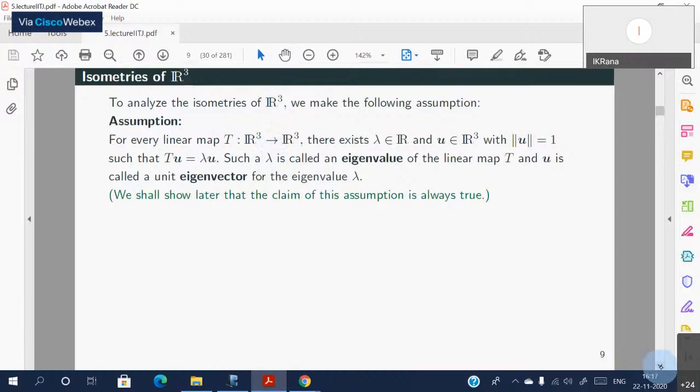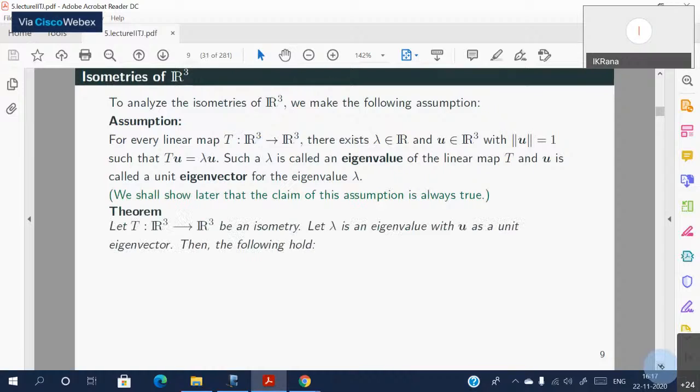In that case, if you look at T as an isometry with an eigenvalue lambda and u as a unit vector, then the following are true: the absolute value of lambda is equal to 1. One can show that. If W is the space generated by this unit vector u, then R3 splits into the direct sum of W and W perpendicular.